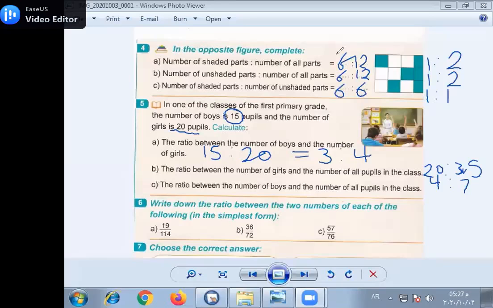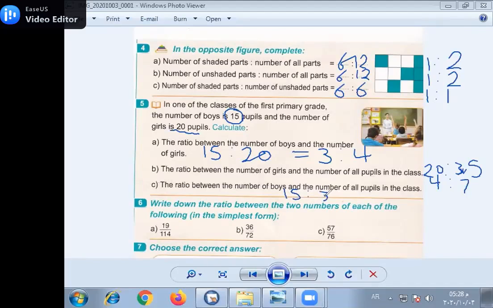Can you raise your voice, please? The ratio between the number of boys and the number of all pupils will be? Number of boys equals 15. Yeah, boys 15. And all pupils equal 35.